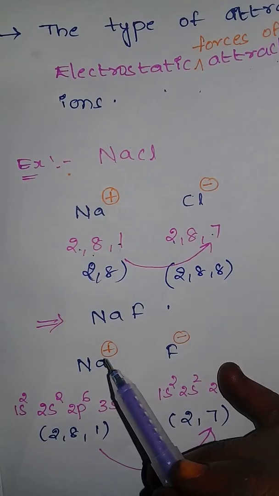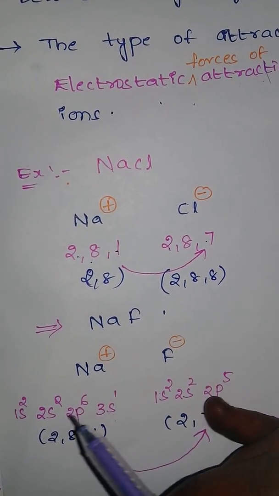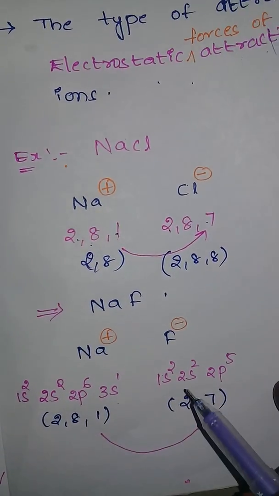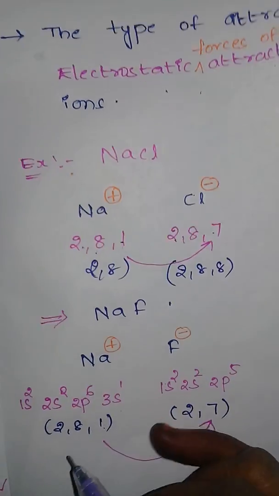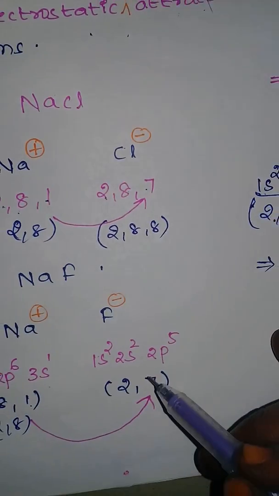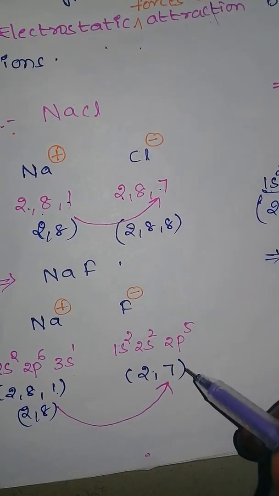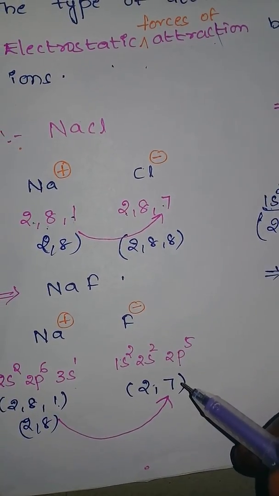Okay. Next example, sodium fluoride. Sodium has 1 electron, and the electronic configuration is 2, 8, 1. By losing 1 electron, sodium attains stable configuration 2, 8. Fluorine has 2, 7 and wants 1 electron to attain stable configuration like noble gases.